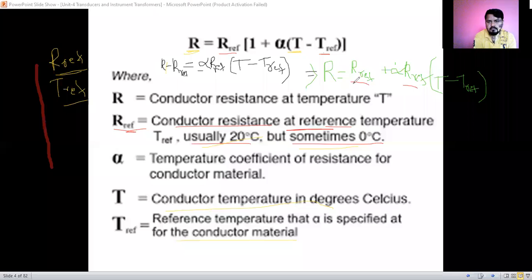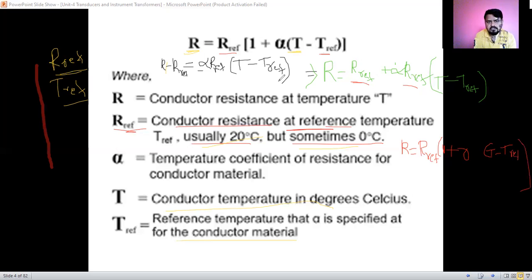So I can write the formula R equal to, I will take R reference outside as the common term. R equal to R reference into 1 plus alpha into T minus T reference. We got the same equation now.